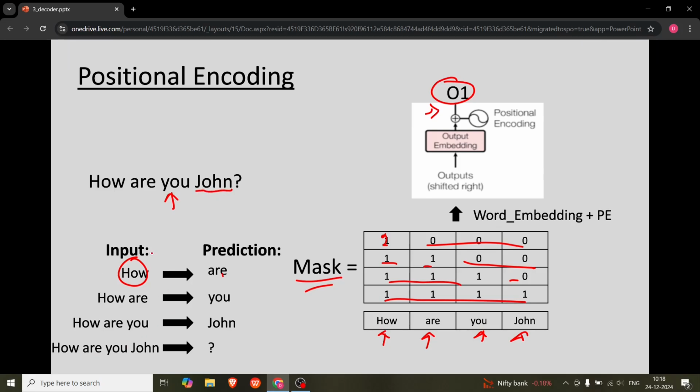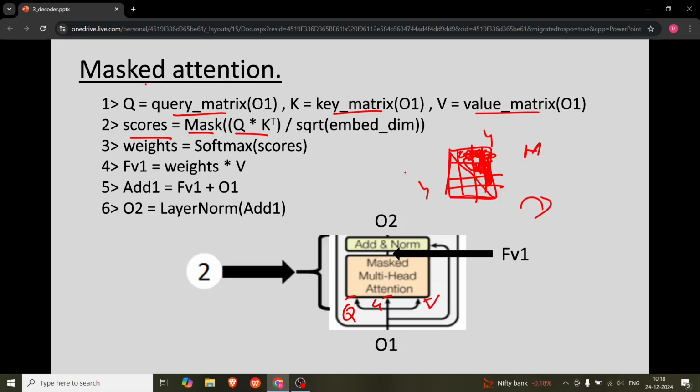According to this, no, because you should only look to the left. That is why we use this left-to-right mask, because everything else over here is 0, which means we cannot look into the future to predict the present word. That is the reason why the mask is used. You'll have to study it a little bit. This is not that easy to understand, but this is the idea.